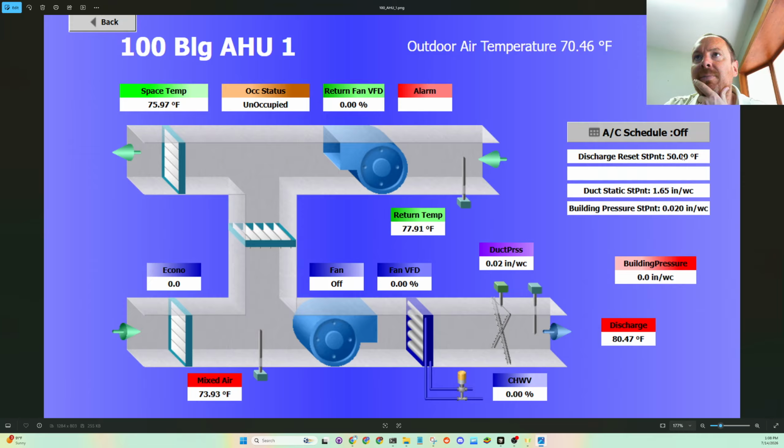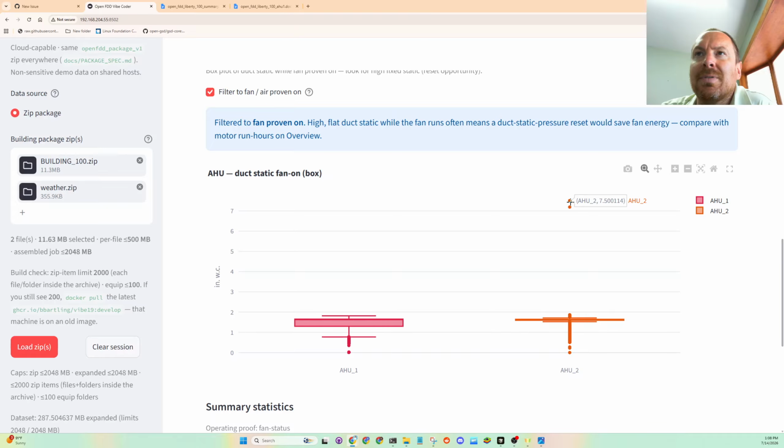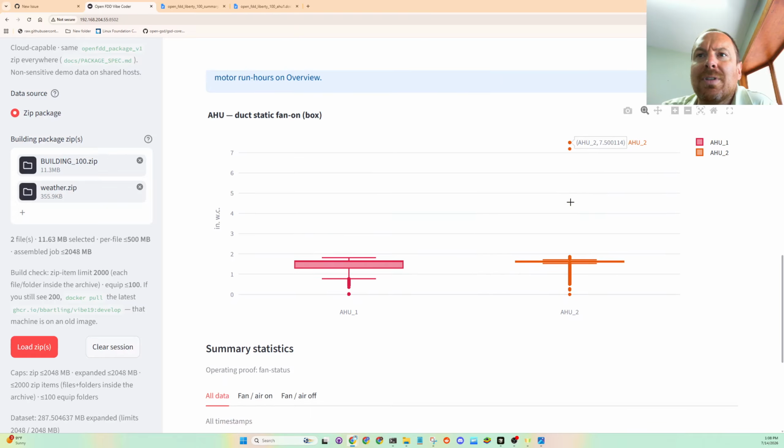But you'd be able to see that in a box plot. Here are some anomalies in the data, where at one point in time the sensor read 7 inches, but that could be something odd.